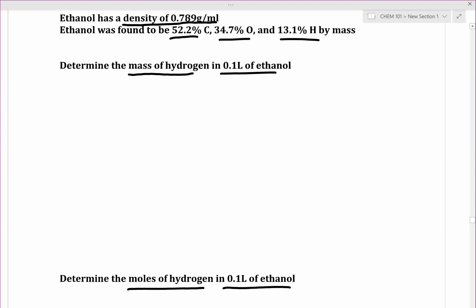Questions? Yes. Or you can go the other way and convert the liters to grams. And we're giving the density to do that.